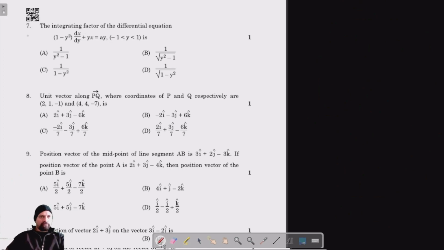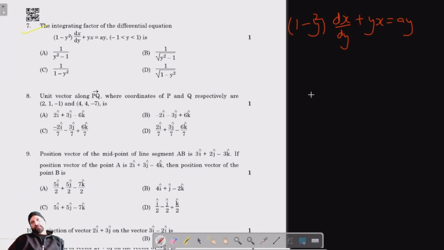Okay, for question number 7, we have to find the integrating factor of the differential equation. And the differential equation is 1 minus y square into dx by dy plus yx is equal to ay. First of all, let's try to get it into the form dx by dy plus px is equal to q.